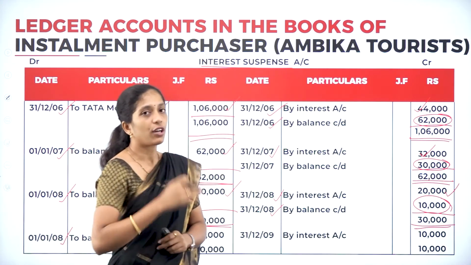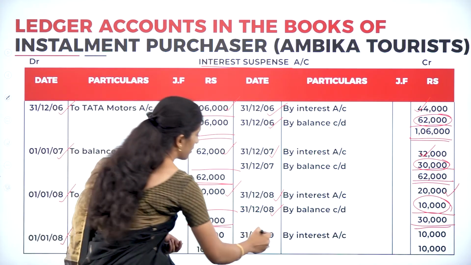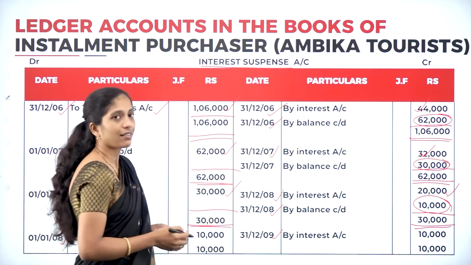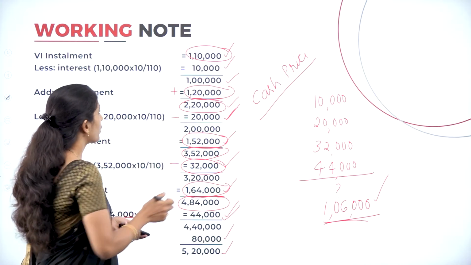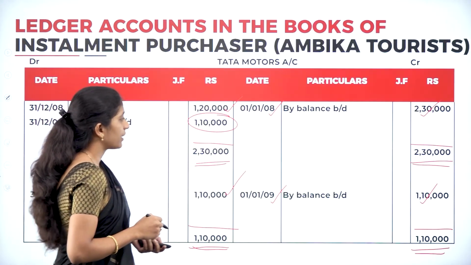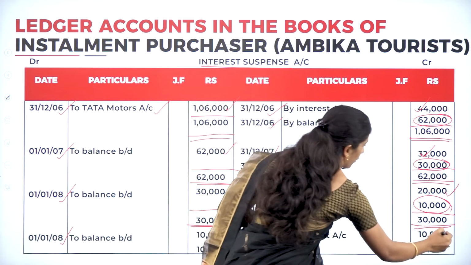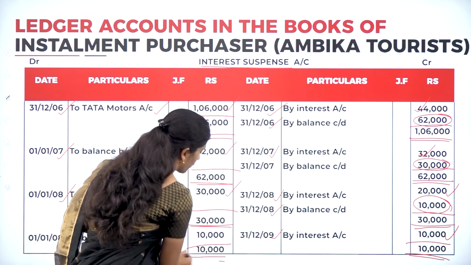Now for interest due, interest account debit to interest suspense account. So how do we write? 31st 12/09 by interest account. Now what is fourth year interest? Fourth year interest is 10,000. So record that 10,000. Now if you add both the debit and credit side, you will get a total of 10,000.